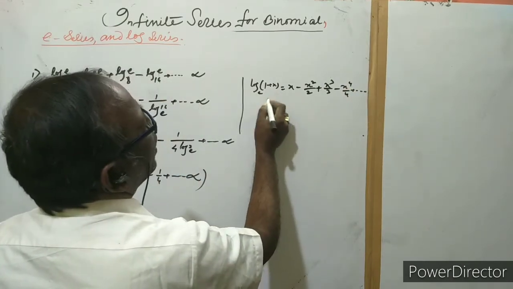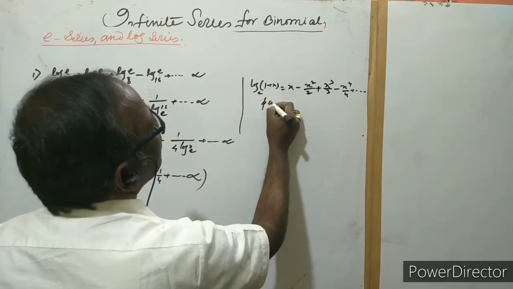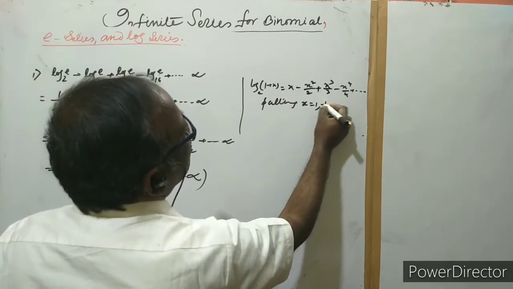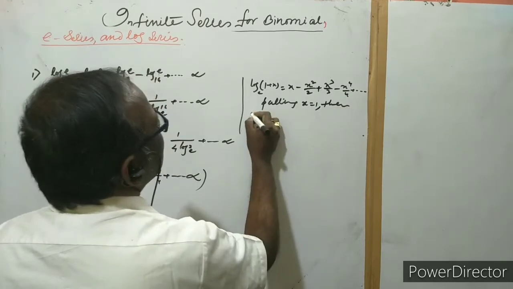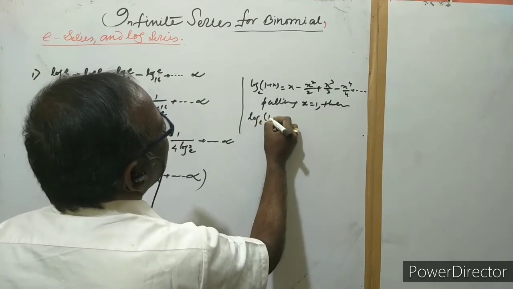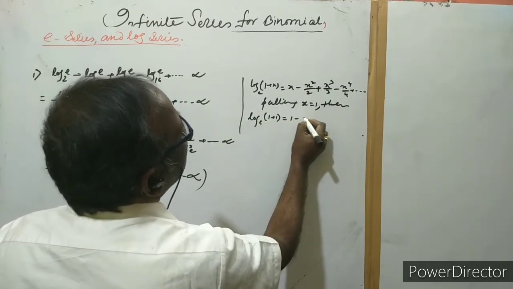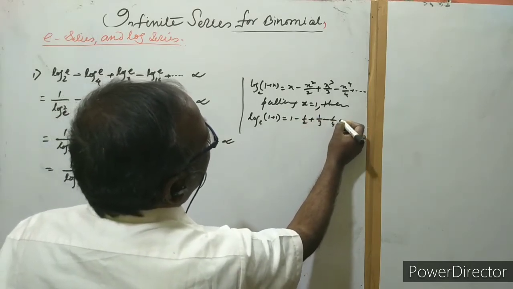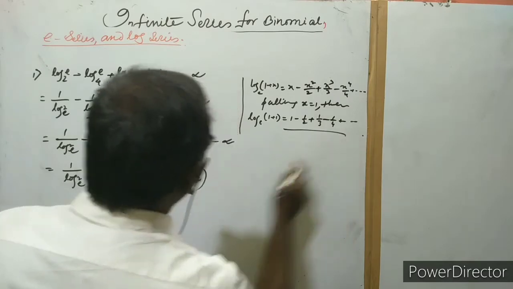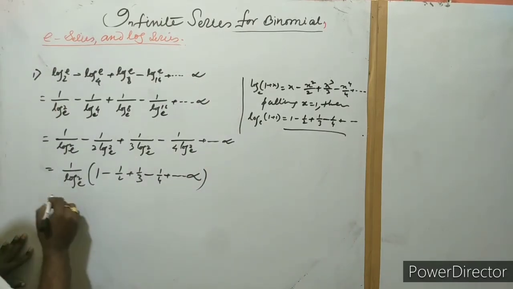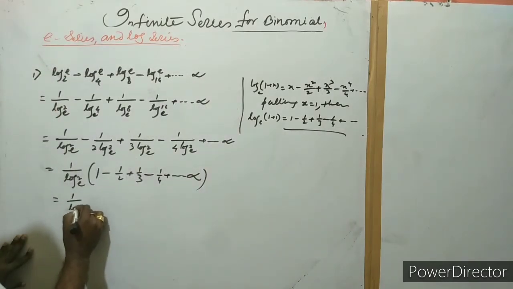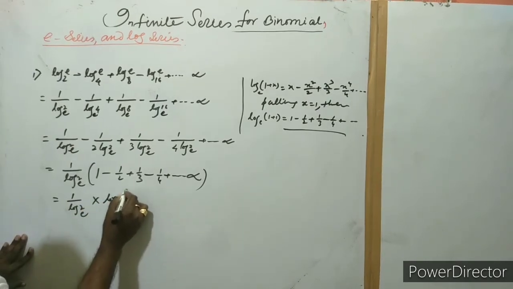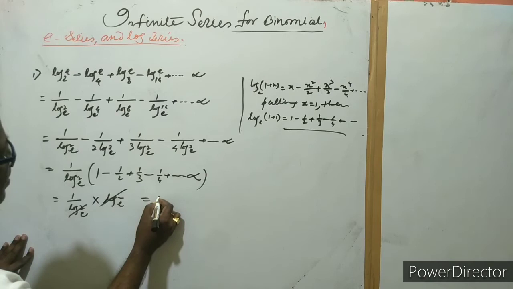Putting x equal to 1, that is log to the base e of 1 plus 1, which is 1 minus 1 by 2 plus 1 by 3 minus 1 by 4, like that. Compare with that, this is the same. So in that place we can write log 2 to the base e and log 2 to the base e, the two cancel, so the value there is 1.